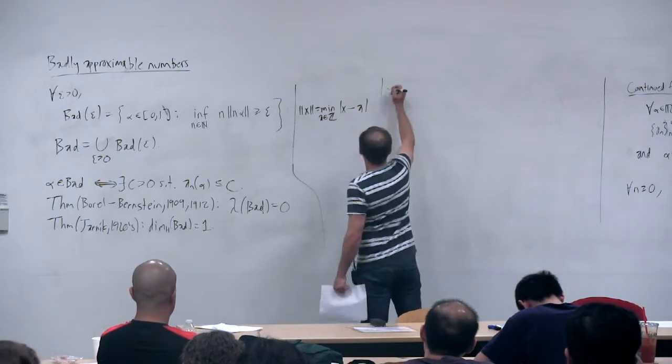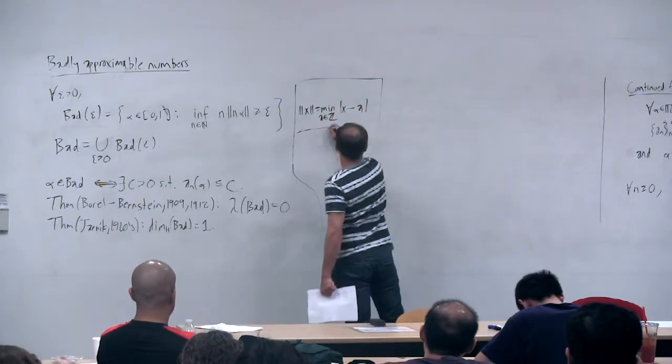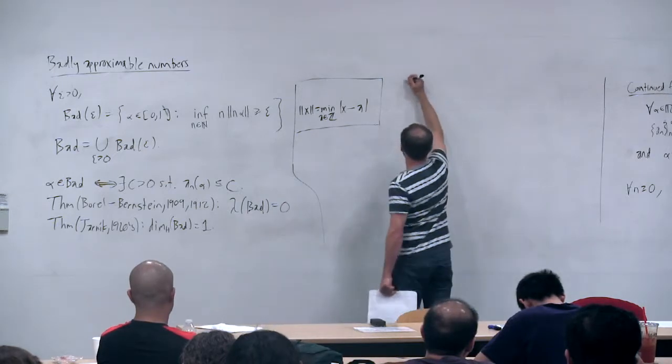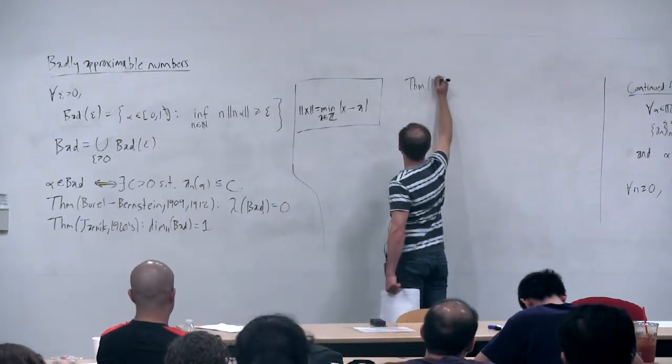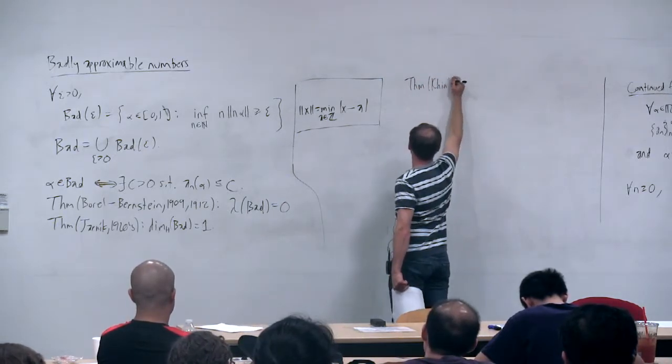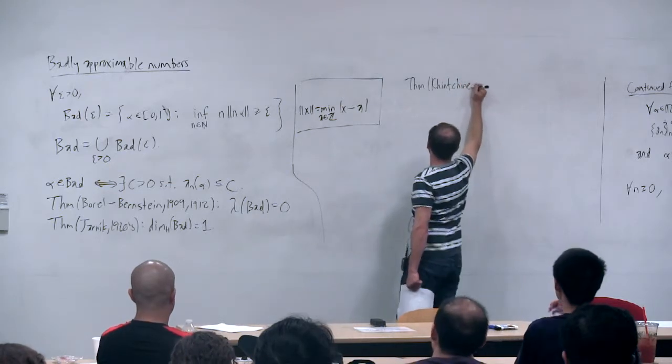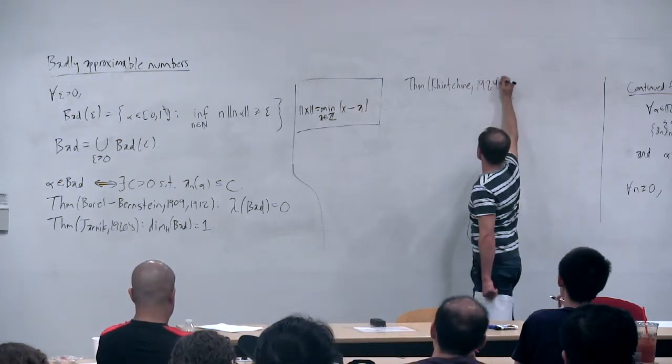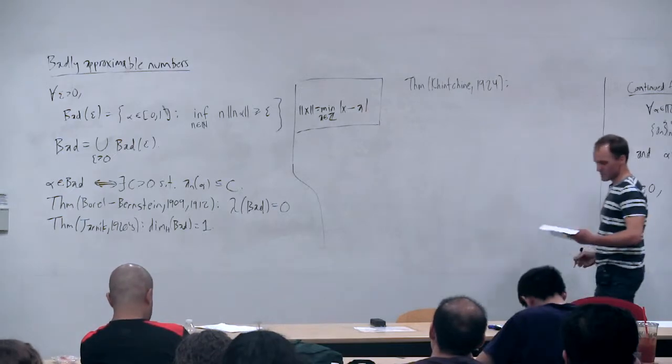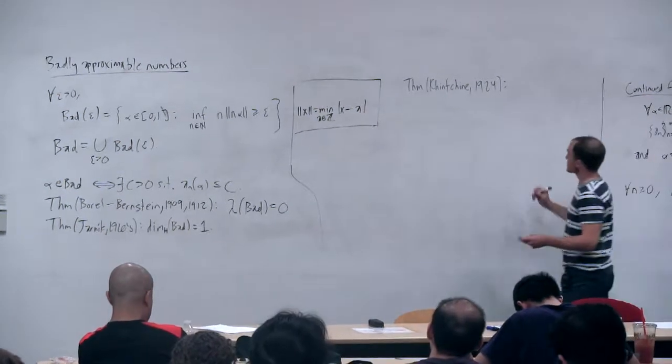Let me tell you another theorem. I was going to say this is to complete the picture, but this is not going to complete the picture; it is another important result along the way. This is a theorem of Khinchin. It's pretty often quoted, from the 1920s, 1924, 1926. What it says is this.